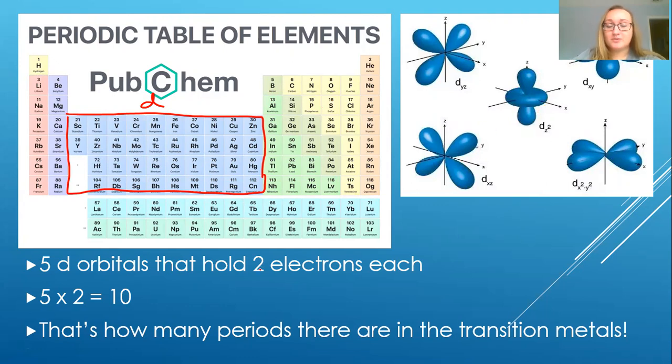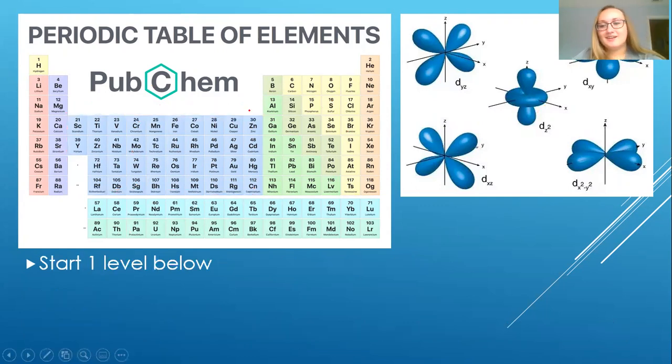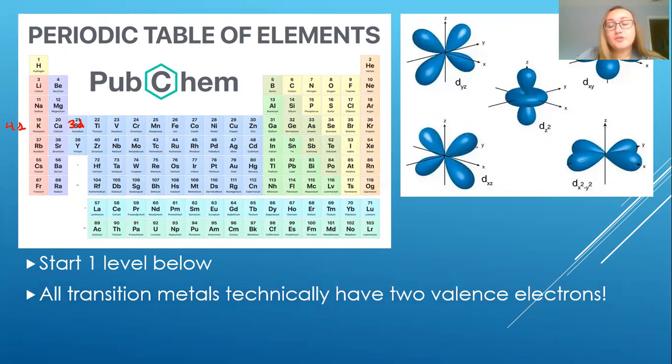Each one holds 2 electrons. 5 times 2 is 10. Scholars, that's exactly how many rows there are in the transition metals. They start one level below. So here's 4s. Scandium starts at 3d. All transition metals technically have 2 valence electrons because they start one below.